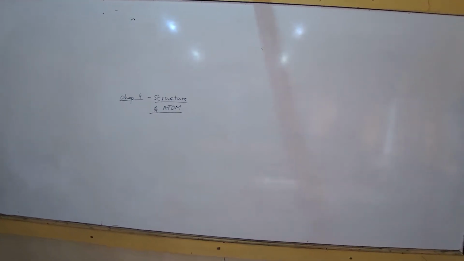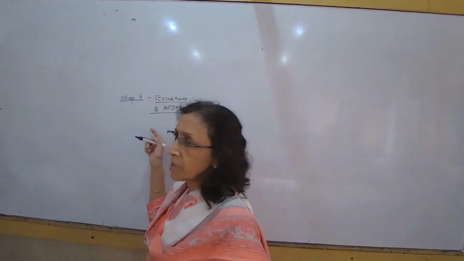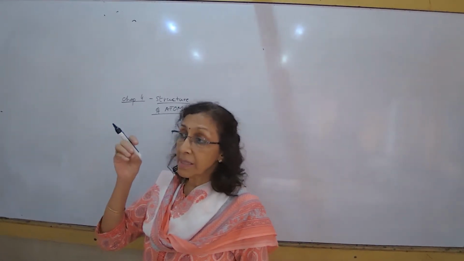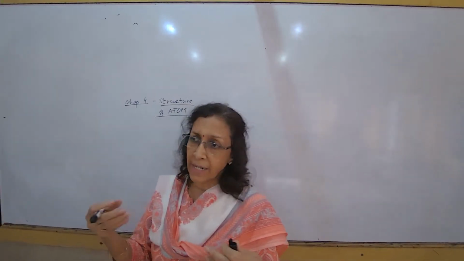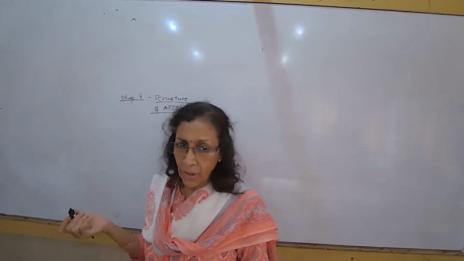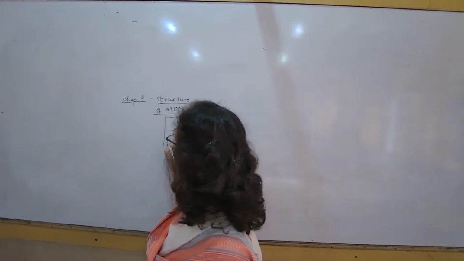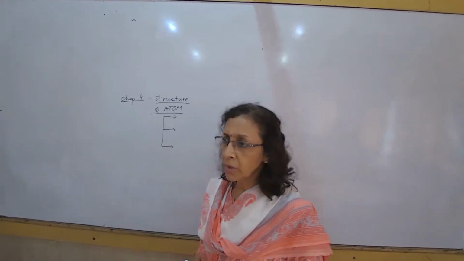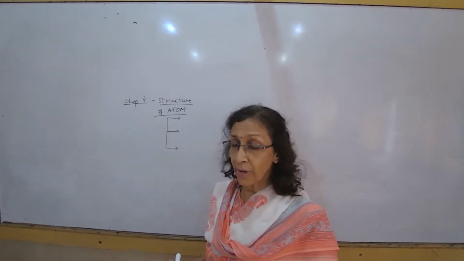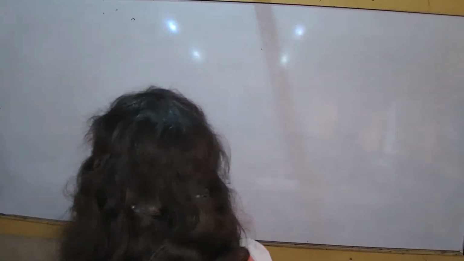The structure of an atom has gone through a number of steps, and what we discuss now has been refined and accepted. So what does an atom contain? There are three particles present in an atom. What are those three particles? We have already done this in 8th standard. Proton, electron.